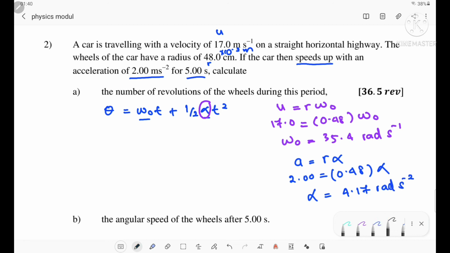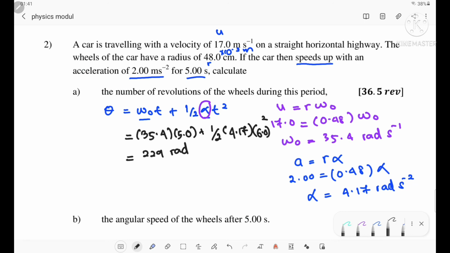And you can substitute the values of omega naught and alpha into this equation to calculate the number of revolutions. Substituting omega naught, we get 35.4 times t, where t is 5 seconds, plus half alpha, which is 4.17, times t, which is 5 seconds. Don't forget to square t, and then press the calculator. You will get theta is equal to 229 radians.